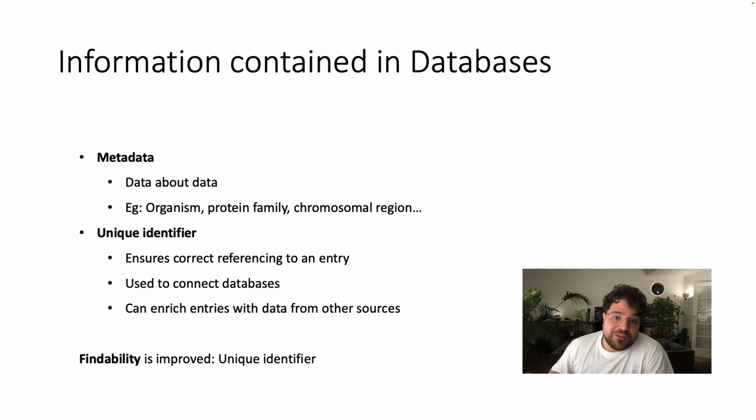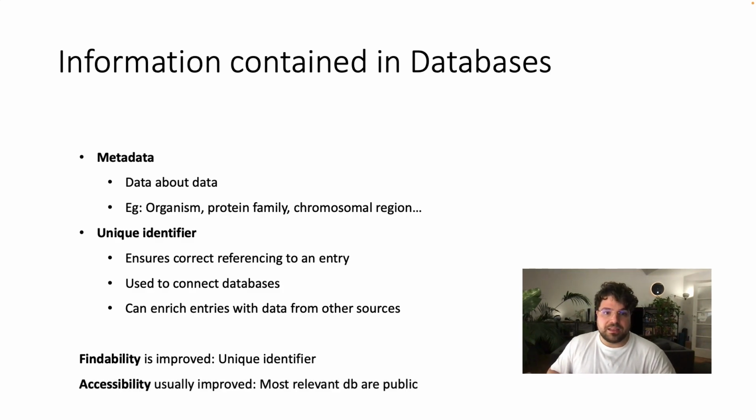This way, first of all, findability is very important. Thanks to the unique identifier, you are able to just say, this is my entry, go find it, and it's going to happen. And also, accessibility itself is usually improved simply by using these databases, because most of the relevant ones are public in any case.